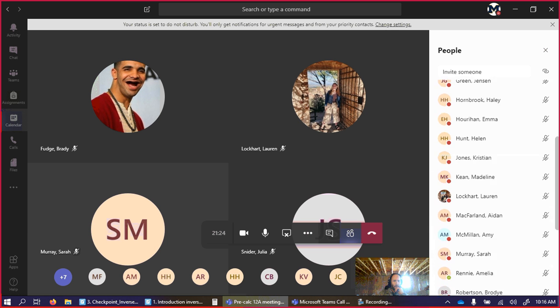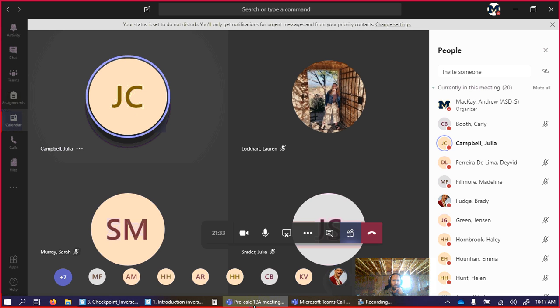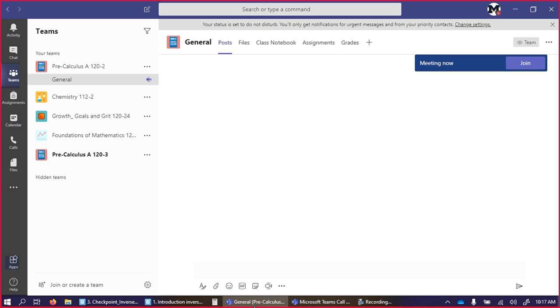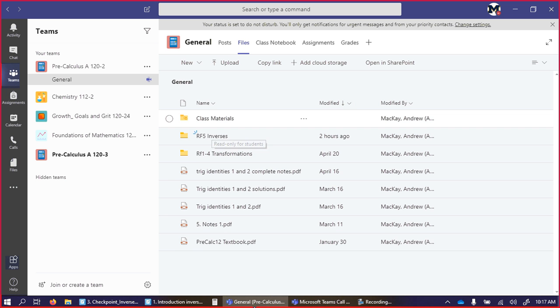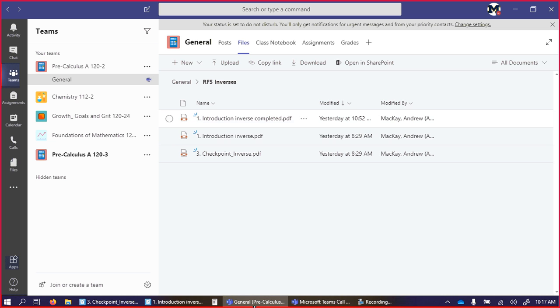Are you gonna put those up? Did you say on Teams, like the files? I think there's a folder in there, post files. I think I put the first section ones. Yeah, I'll put this completed one for number 3 here shortly, the introduction inverse completed thing.